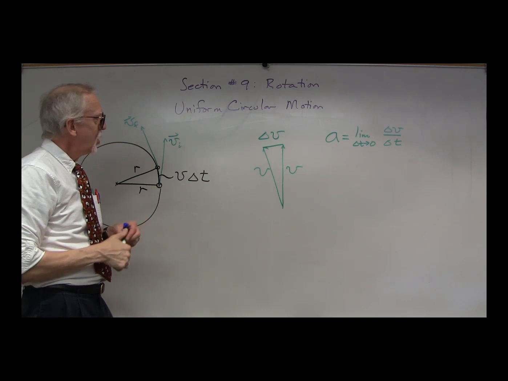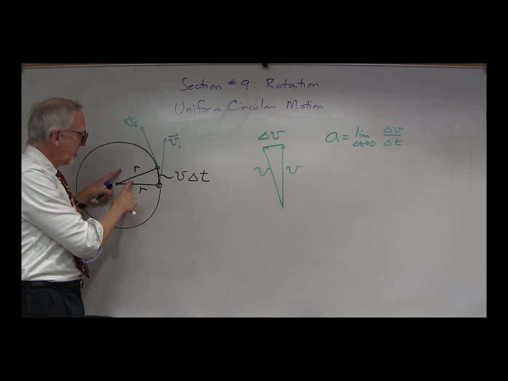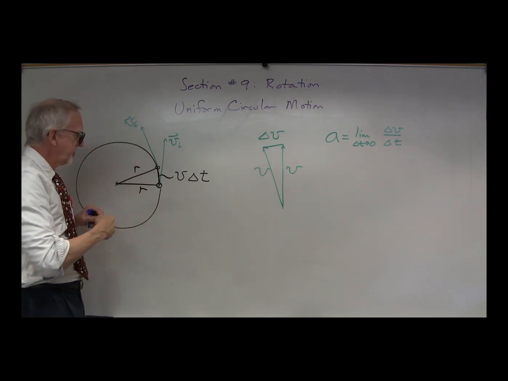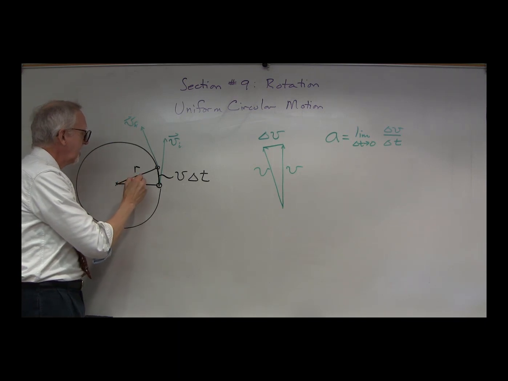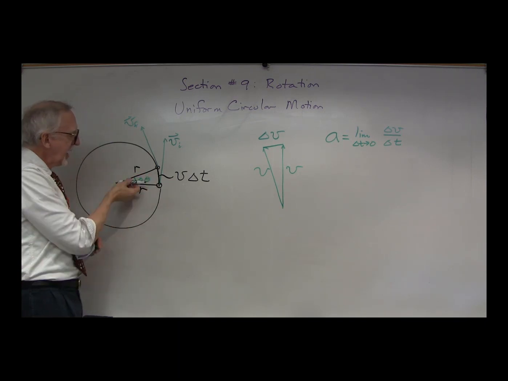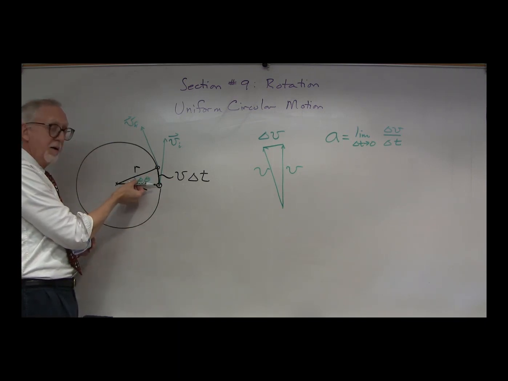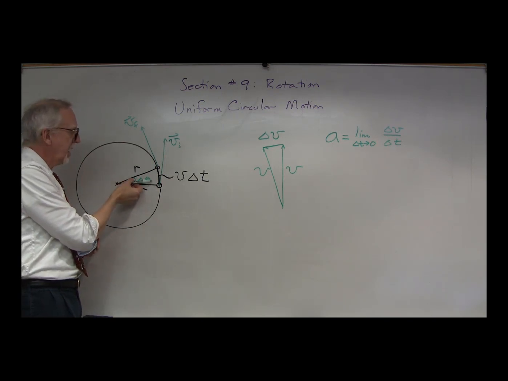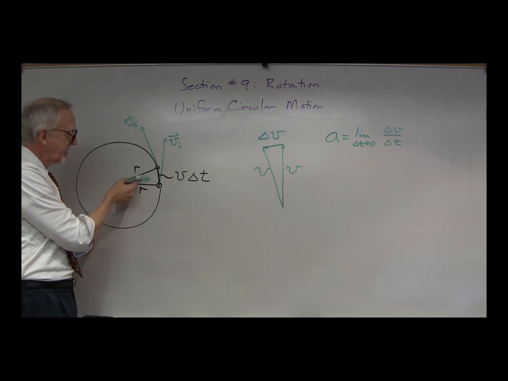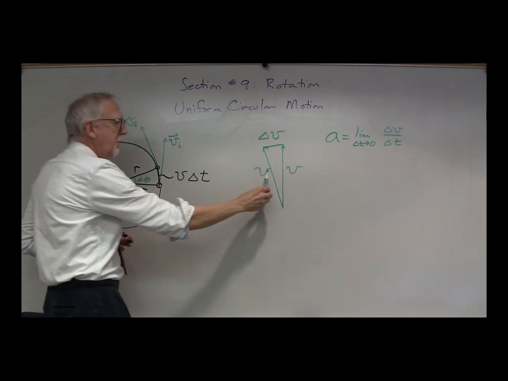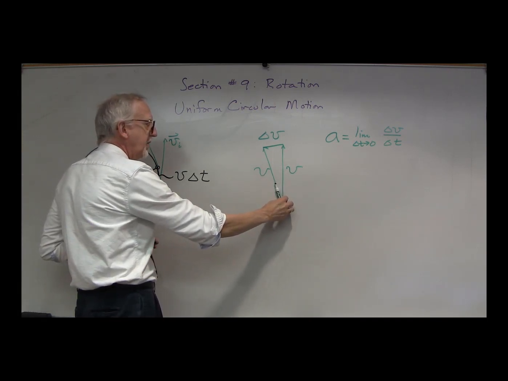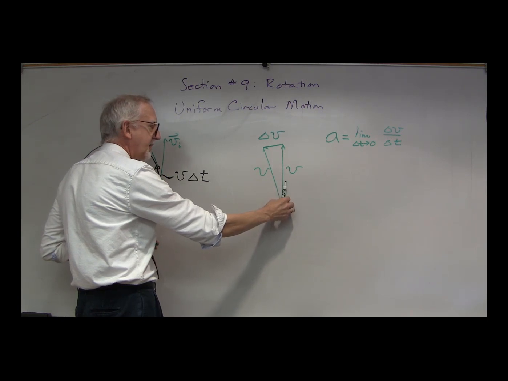Okay, great. Well, let's think about what's the angle between these. This is going to be some angle delta theta, the angle that the mass rotates through, or revolves through, actually, over the time delta t. Well, how much does v initial rotate to v final in that time interval?